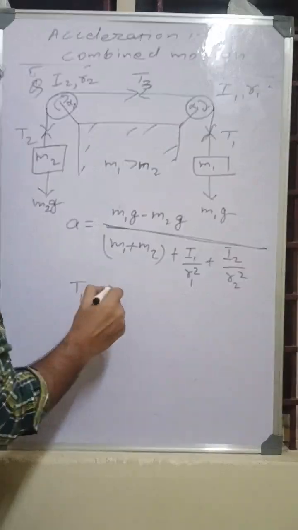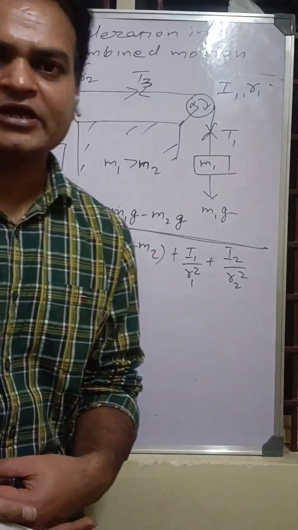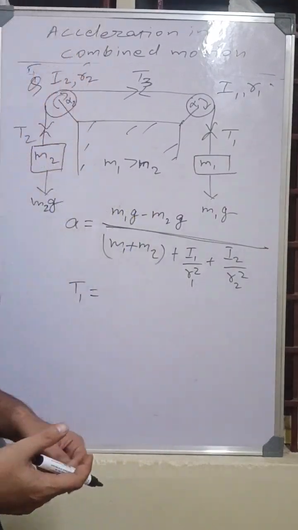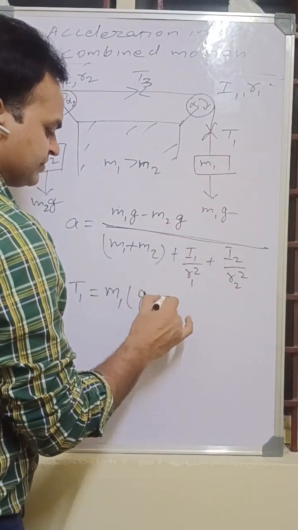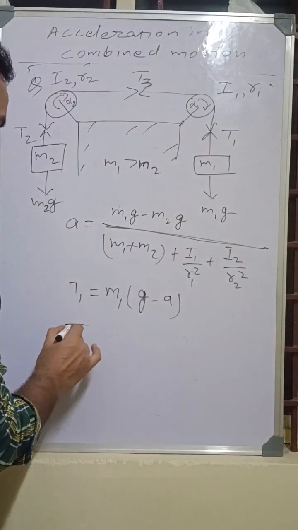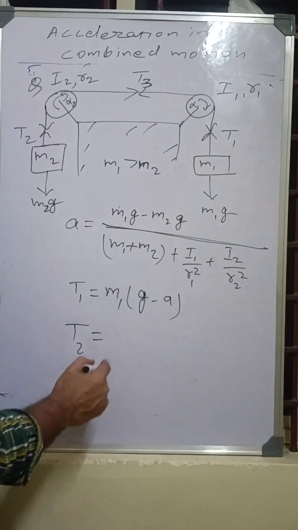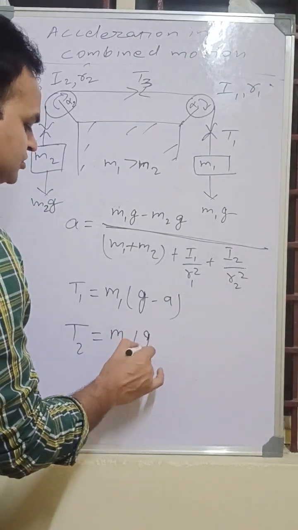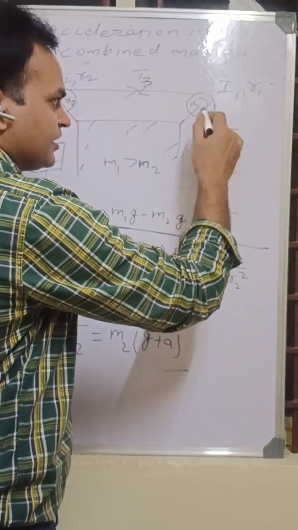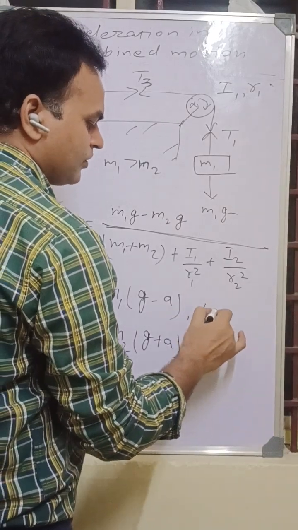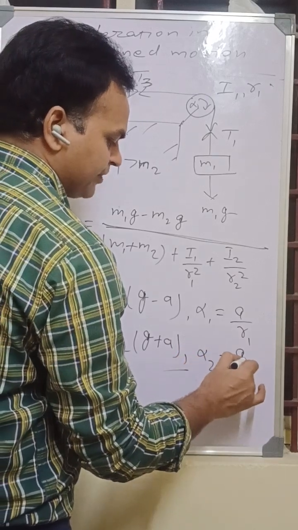For T1 you can use this equation: as T1 is acting and the mass is going downward with acceleration A, T1 will be mass m1 into G effective, where G effective will be G minus A. And T2 is taking m2 in the upward direction, so mass m2 and G effective will be G plus A. So you have the values of T1 and T2 easily, and from here you can also have the value of alpha 1 equal to A by R1, and alpha 2 similarly A by R2.